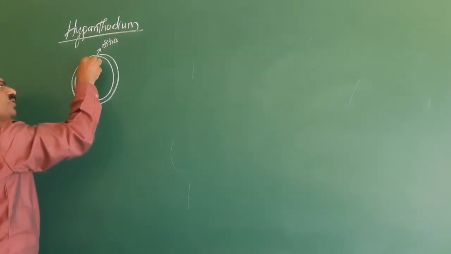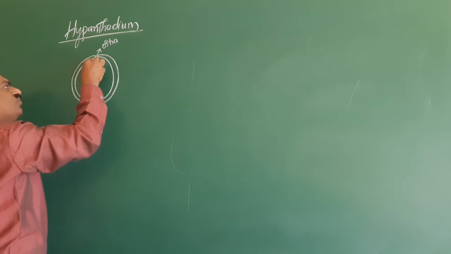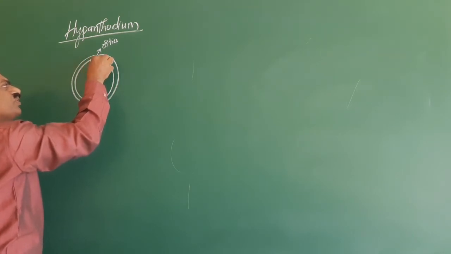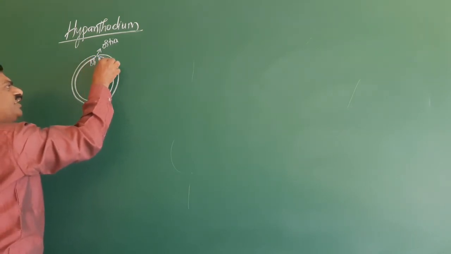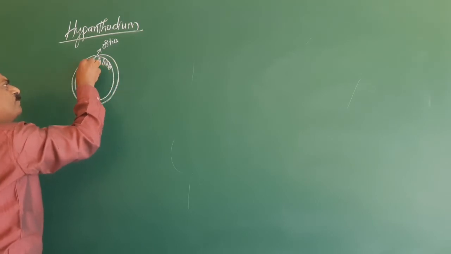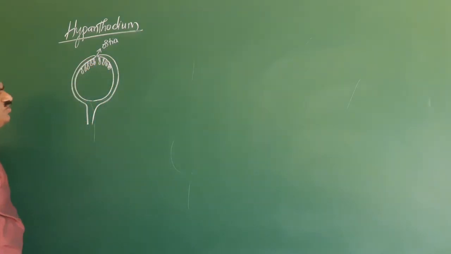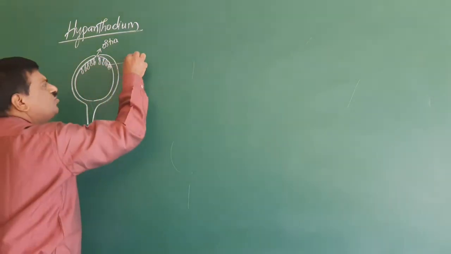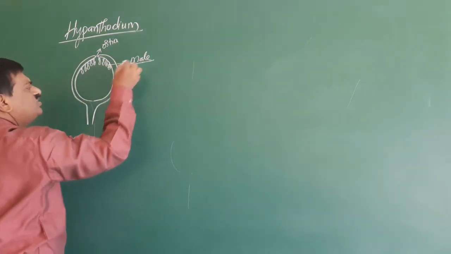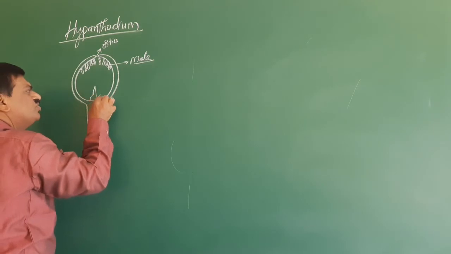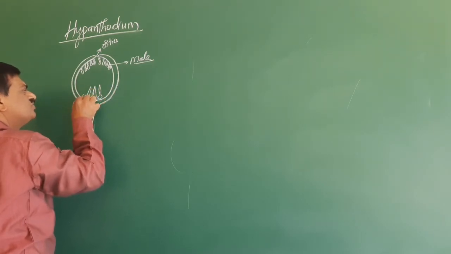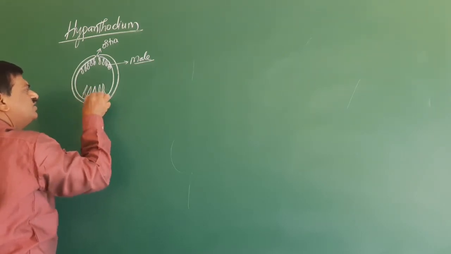Towards the opening, on the upper side, there are male flowers. This is male flowers. Towards the lower side of this inflorescence there are female flowers. This is called female flowers.